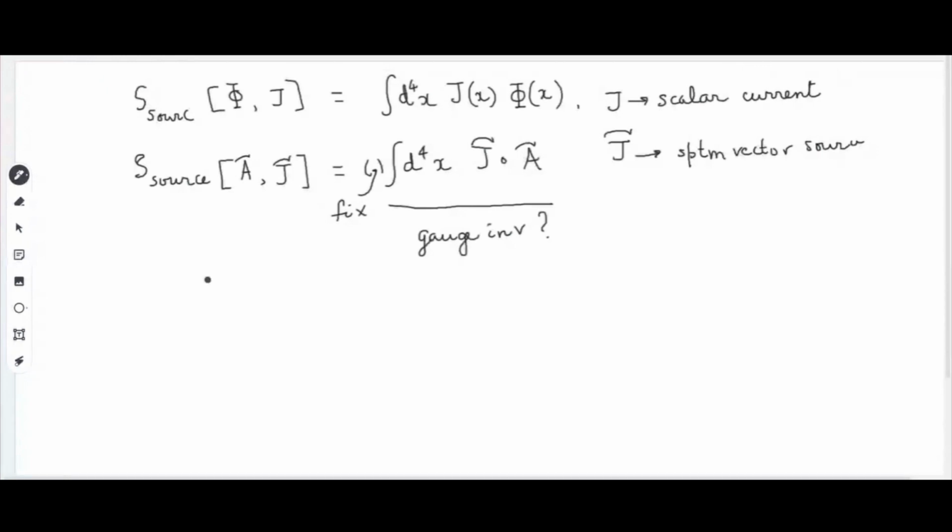Let us only check the J dot A term. So if you have the integral d4x J dot A, then when we go to a different gauge, we get d4x J A omega. What is A omega? That's a gauge transformation, right?